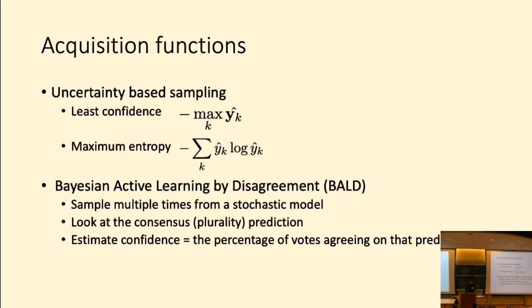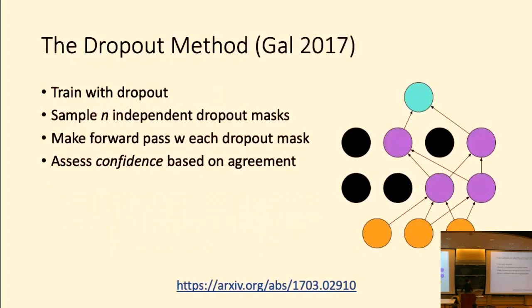One way of applying Bayesian active learning by disagreement was popularized by a friend, Yarin Gal, who made some argument that we're already training these models, they already use dropout.